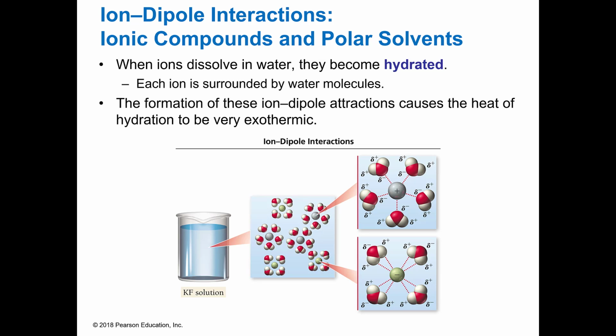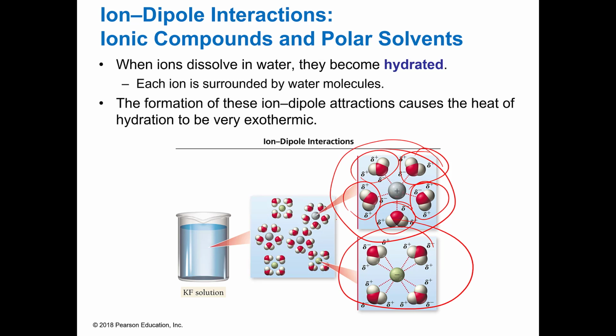So ion-dipole in our ionic compounds, as well as our polar solvents: when ions dissolve in water, they become hydrated because the water molecules surround the different types of ions. If they're positive, the water surrounds them with its negative end pointed toward them. If they're a negative ion, then they orient with the positive end of the water.